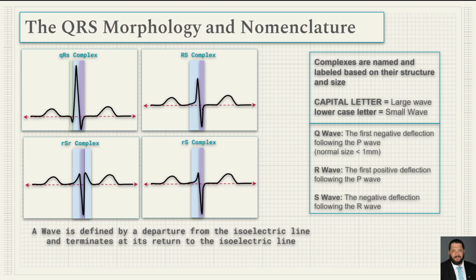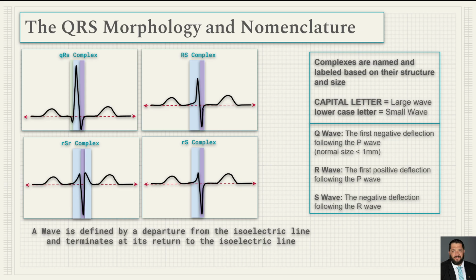The line then continues below the isoelectric line, creating a large S complex, and concludes as it returns back to the isoelectric line, which then continues on to a positive deviation from the isoelectric line, creating a second R complex. The R waves are small in comparison to the S wave, and so we would note this as a lowercase r, uppercase S, lowercase r complex.